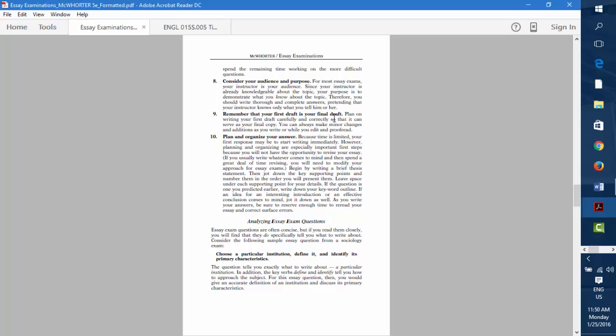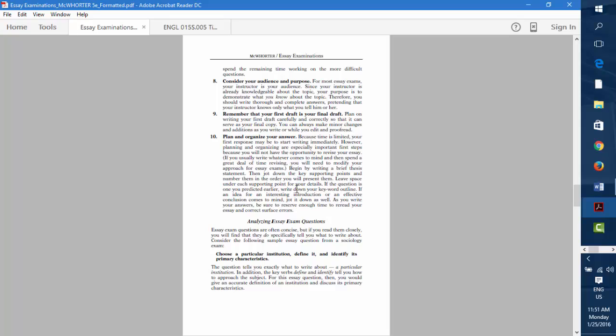Remember, your first draft is your final draft, and plan and organize your answer. And as you go along, you do need to be more conscious of superficial things.